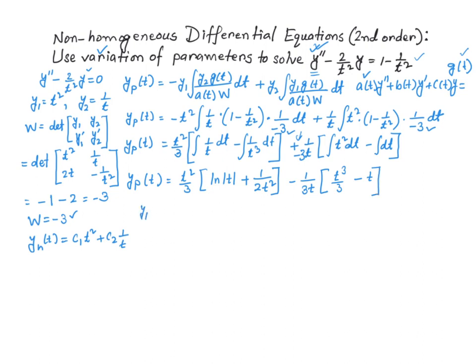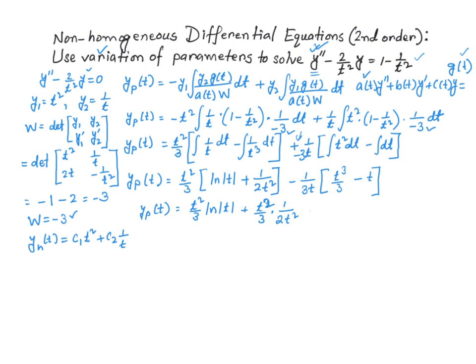So y sub p of t is going to be equal to t squared over 3 times ln of absolute value of t, plus t squared over 3 times 1, sorry, it's t squared, not t cubed, 1 over 2t squared.